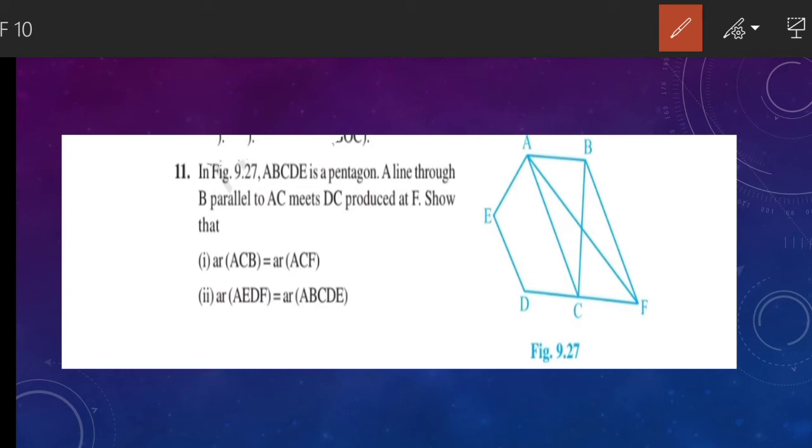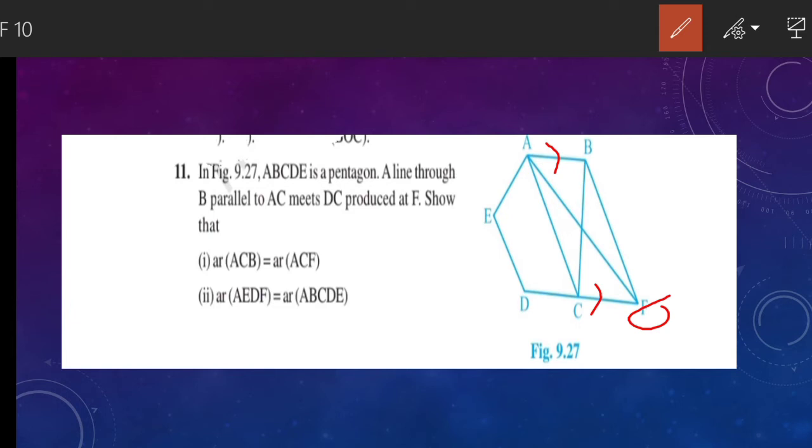A line through B parallel to AC meets DC at F. So DC is produced to F and the line BF is parallel to AC.